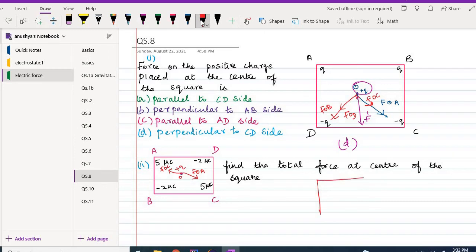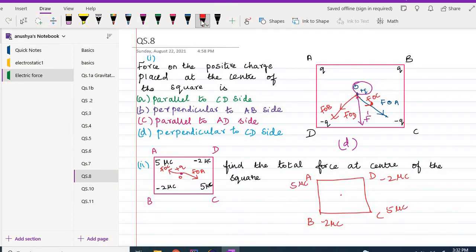Let me draw it here. So A, D, B, C: minus 2 microcoulomb here, this is minus 2 microcoulomb, this is 5 and this is 5 microcoulomb.